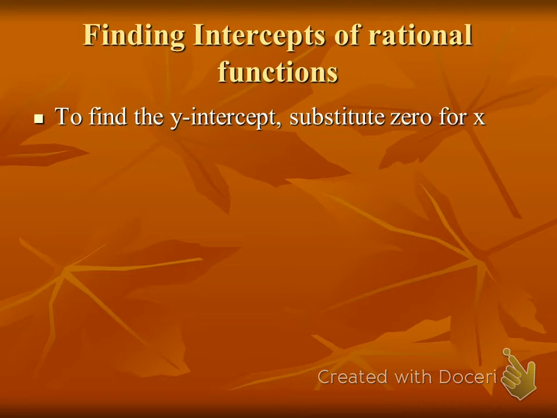If we went back and looked at the simple example we looked at on Friday of a rational function, f of x equals x squared minus 4 over x plus 2, if we plug 0 in for x, what do we get?